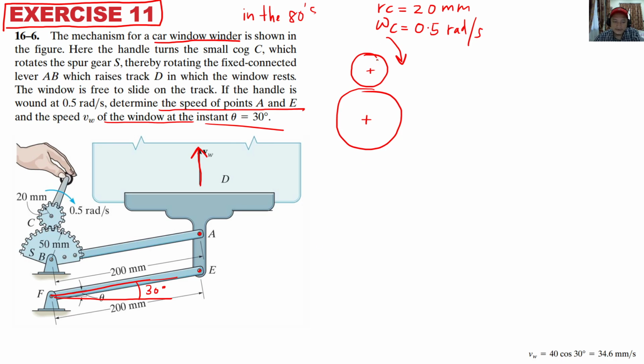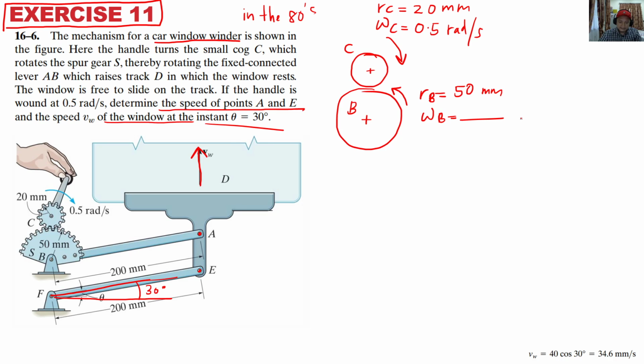If this one is rotating like that, this one will rotate like that. This one is called C, this one is called B. RB is 50 mm. What is omega B? Can you find it?